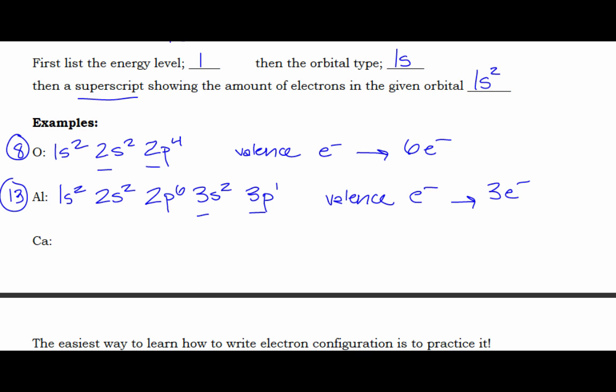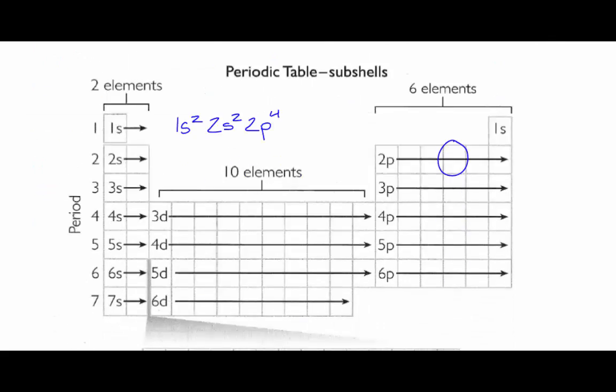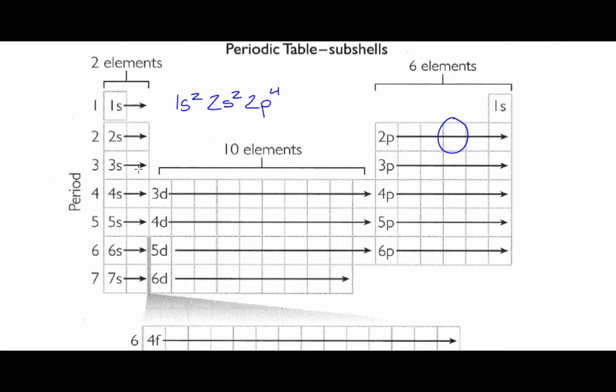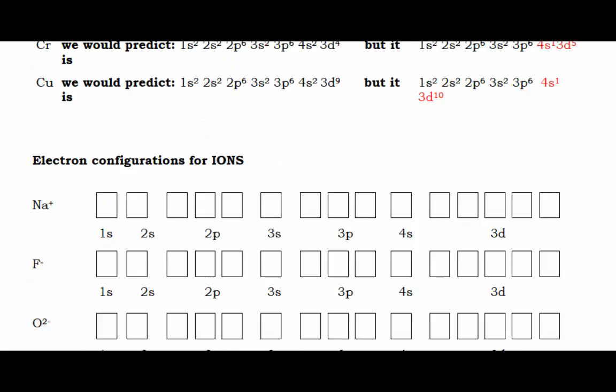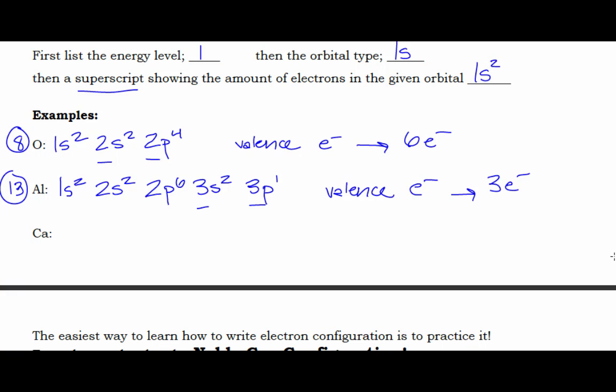Okay, we'll have to look back at the periodic table to find calcium. Calcium should be right in here somewhere. I have to pull up my real periodic table so I can find out. So calcium's atomic number is 20. So again, we always start at the beginning. 1s2, 2s2, 2p6, 3s2, 3p6, 4s2.